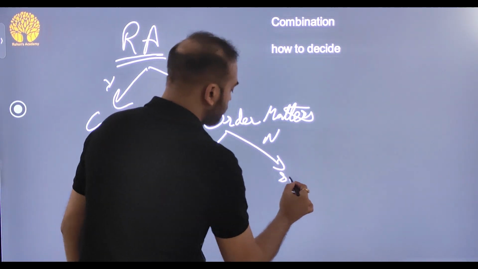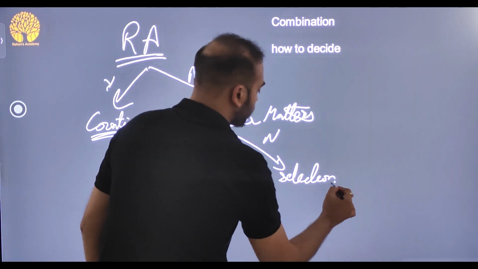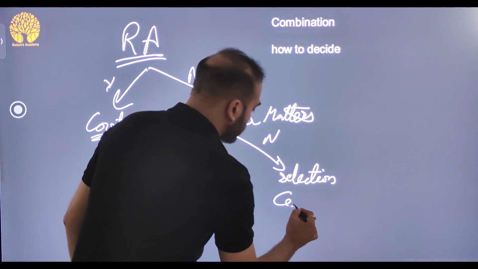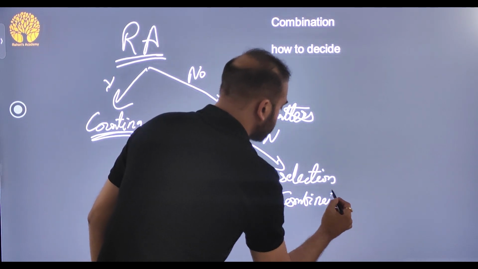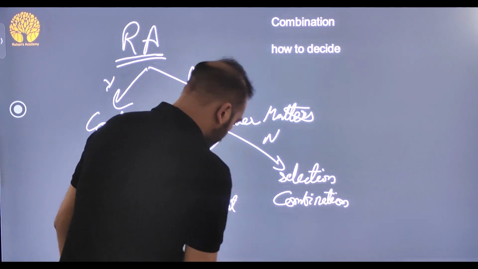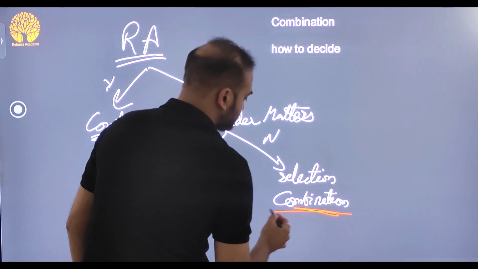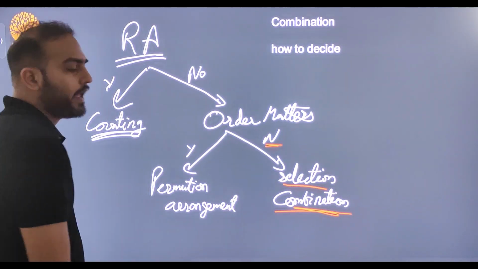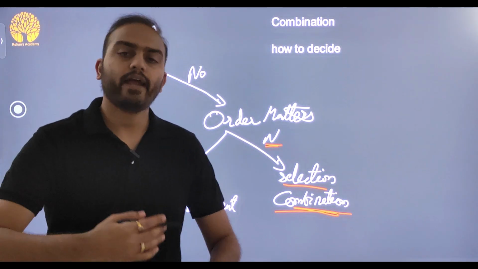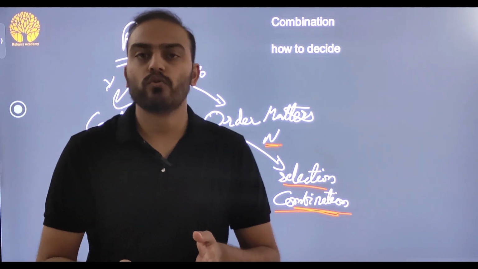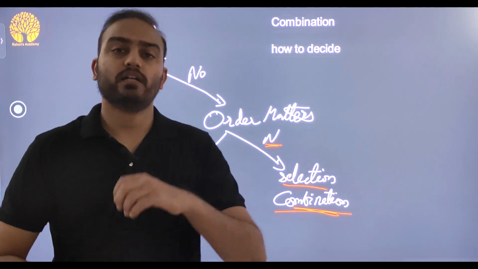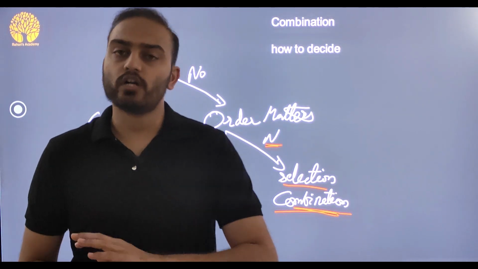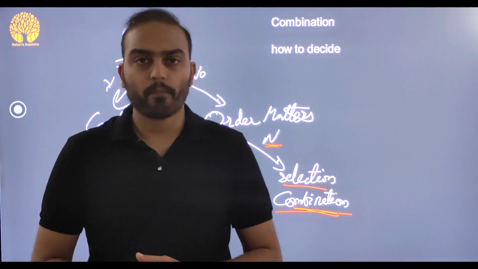If order does not matter, then we are talking about selections and we use combination to solve it. So every time you read a question, try to figure out: is repetition allowed or not? If it is not allowed, does the order matter or not? If the order does not matter, then we talk about combination.